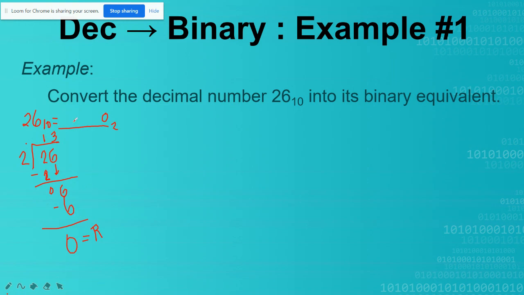So, we have 0. And then, notice that we still have 13. So, we still need to divide 13 by 2.